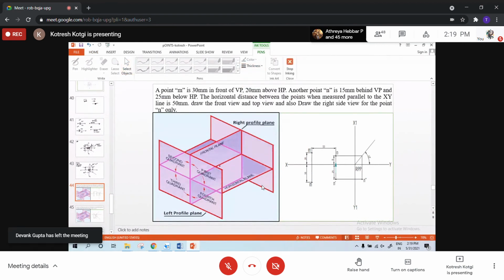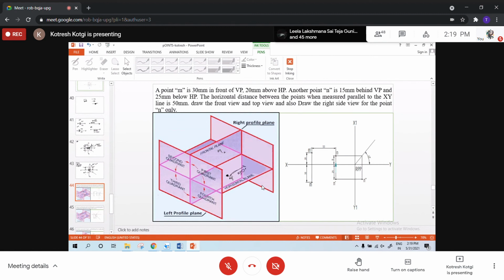Okay. So there is a point. You understand? There is a point M. Say this is in the first quadrant. This is say point M. So in the third quadrant, if you observe the third quadrant, somewhere here you have one more. It is below HP. Just imagine. Don't get confused. You have one more point in the third quadrant. So that is say N. If you measure the distance between M and N, along XY line, parallel to XY line, what is the distance?